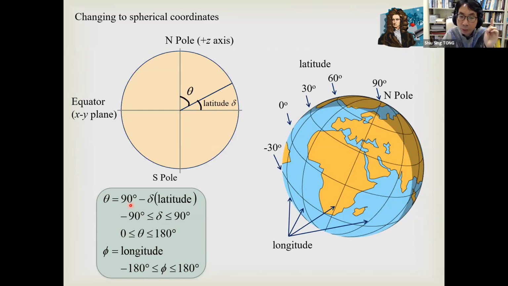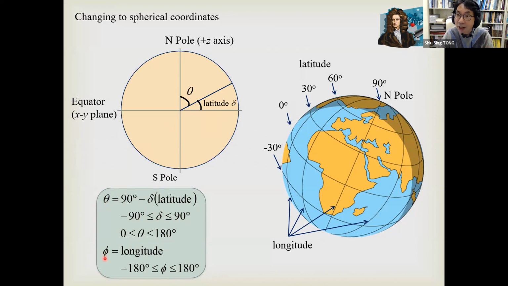So you only need to subtract the latitude delta of that place from 90 degrees to get the polar angle theta, if the North Pole is defined along the positive Z axis. In that case, delta extends from negative 90 degrees to 90 degrees, so you get the angle theta extending from 0 to 180 degrees.